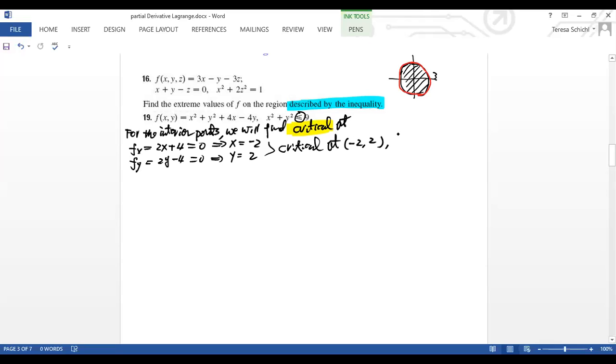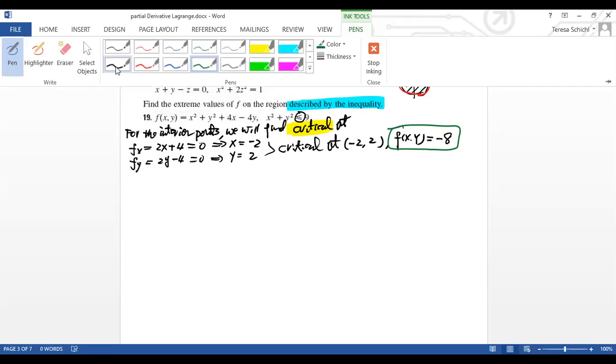If you plug back into f of x, y, it's 4 plus 4 minus 16, so it will be negative, -8. Let me circle this one, this is the one we're going to compare to.